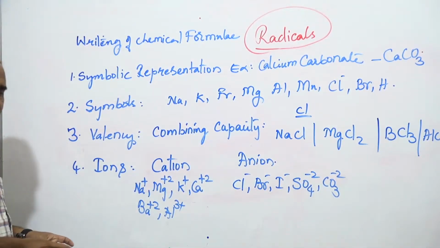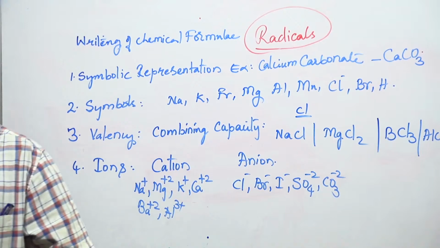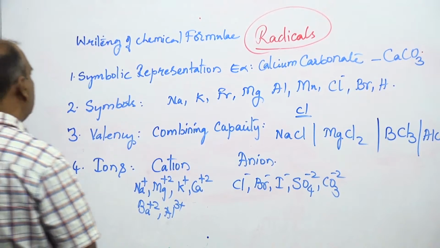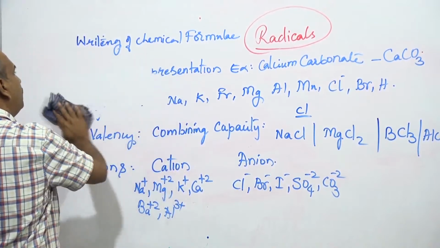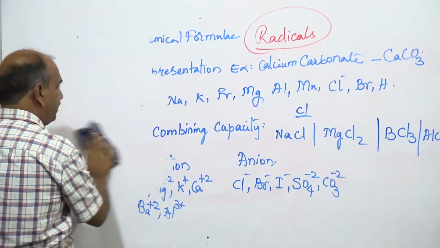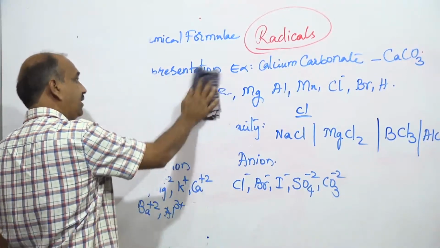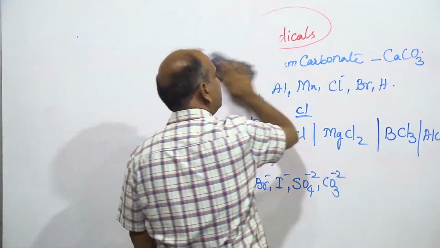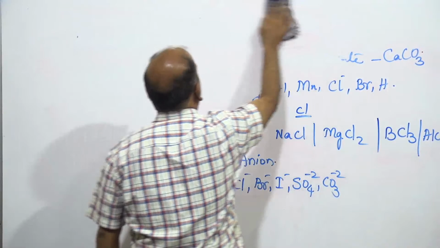Before that, let us understand the different ions and their names. There are monovalent ions, divalent ions, trivalent ions. There are metallic ions and non-metallic ions. Names and symbols of some of the ions.